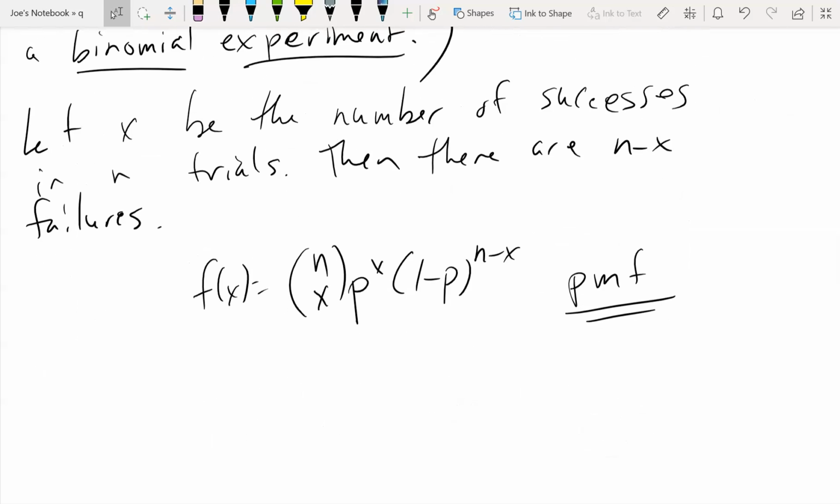Let's look at 19.1. "30% of all electrical fuses fail to meet building standards. We're taking a random sample of 10 fuses. What's the probability that exactly 3 will fail?"